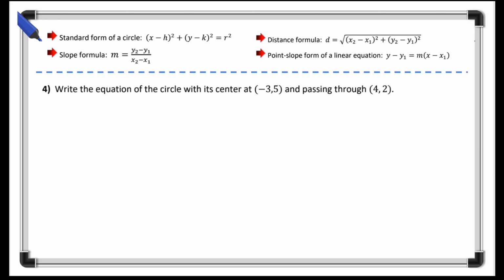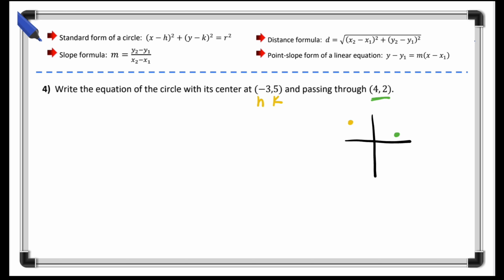Okay, in this question, our circle has a center at (-3, 5), and we have that center passing through a point at (4, 2). So if I were to draw this, we have (-3, 5), well, approximately right there. (4, 2) is about here.